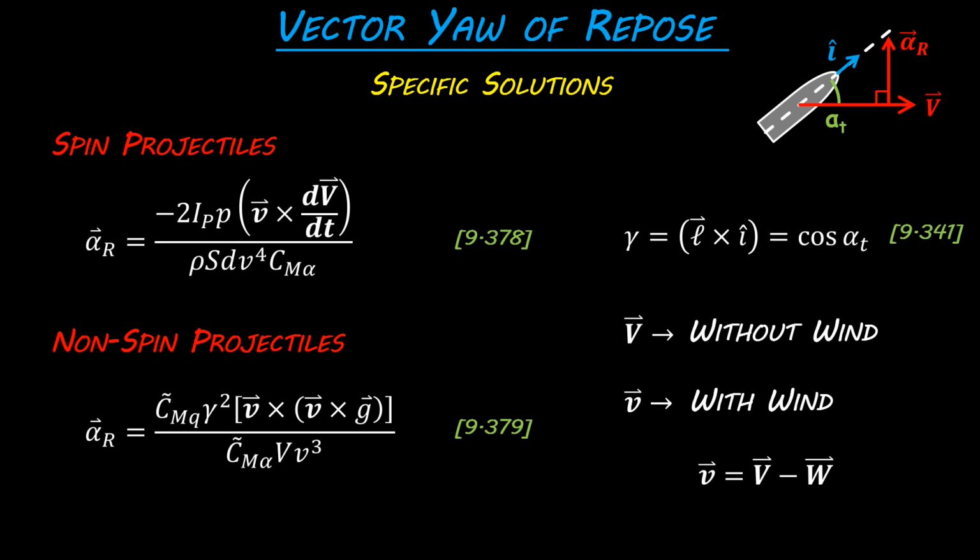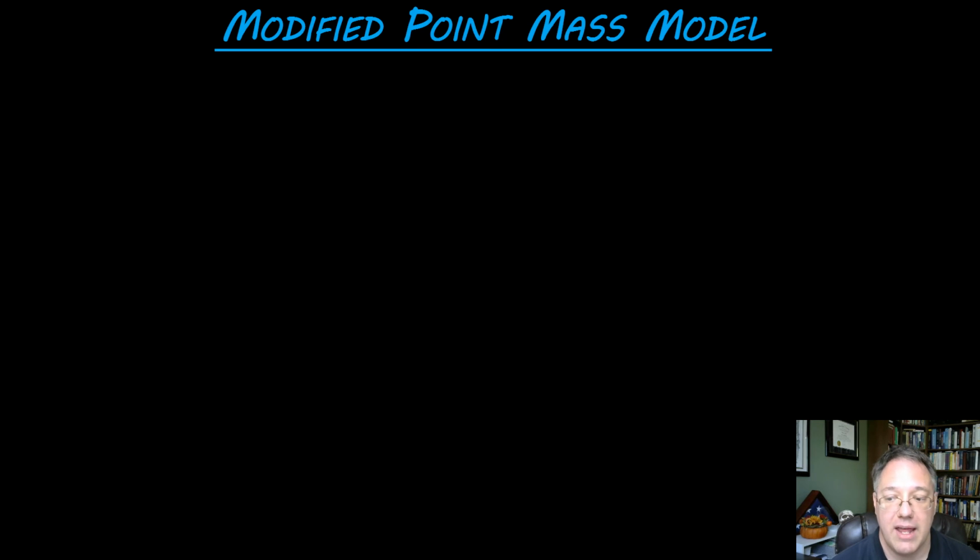So if our x-axis is pointed downrange, with positive being downrange, then a wind that is coming from the tail is going to be the direction that is positive wind. And if we have a headwind that is coming at us, it's going to be wind in the negative direction. So when we subtract out the negative, we'd be adding it in. Okay, and that brings us to our modified point mass model.